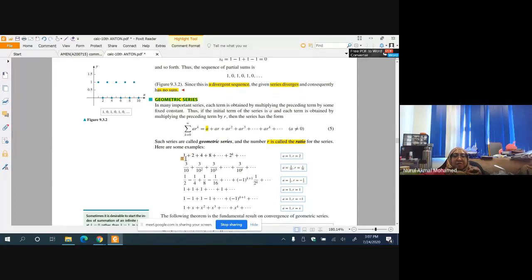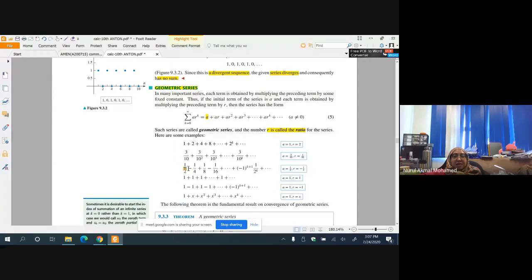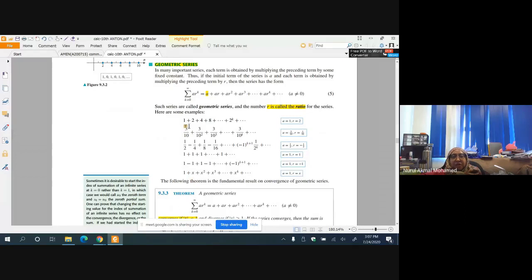Okay, so let's look at several examples here. Example: 1 plus 2 plus 4 plus 8, and so on. The general term is 2 to the power of k, and a will be 1, the first term.